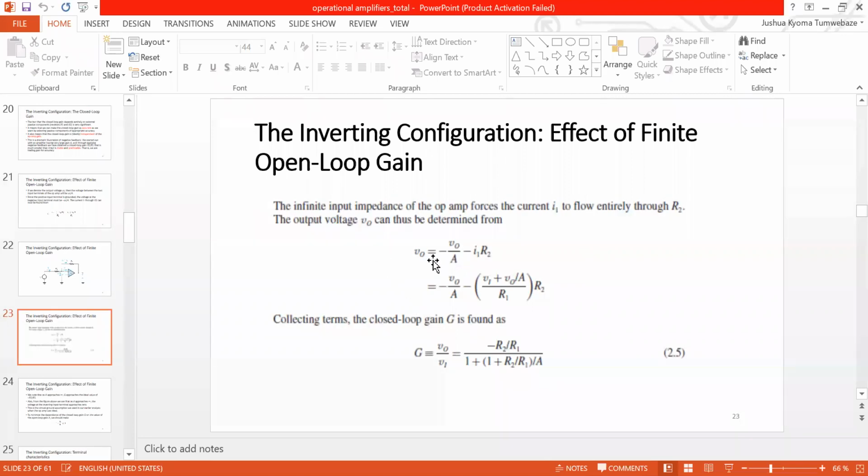Okay, so this is what we're saying. You write the equation, you have I1, so you have your V naught minus the voltage at the inverting input terminal minus the drop across your resistor. You have to keep the directions of current and voltage into consideration.